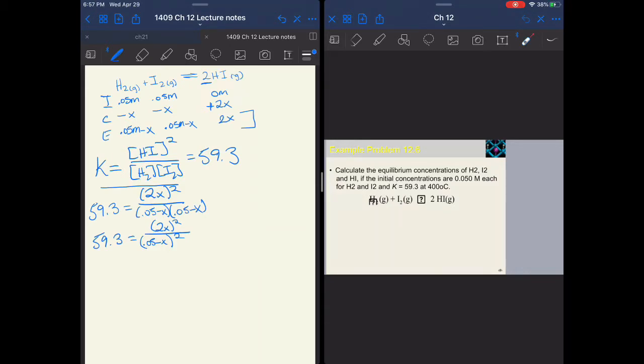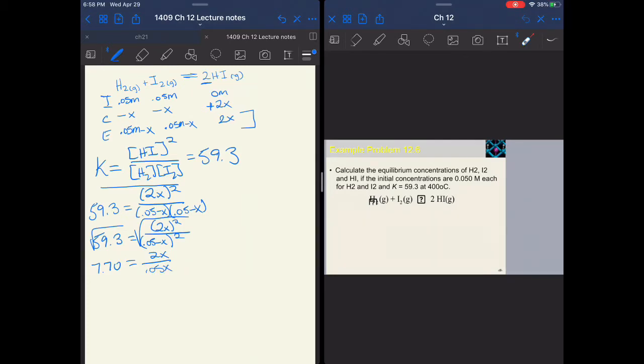All right, so we could adjust this to solve for x. So we're going to take the square root of everything. So we're going to wind up with 7.70 equals 2x over 0.05 minus x.